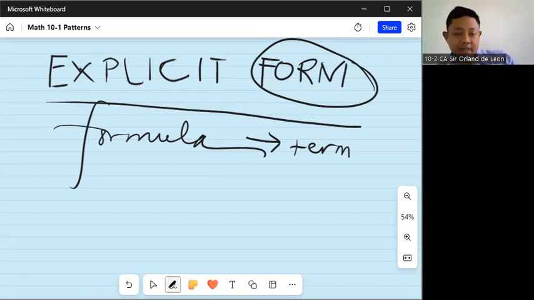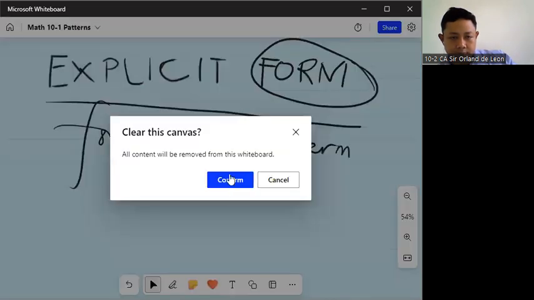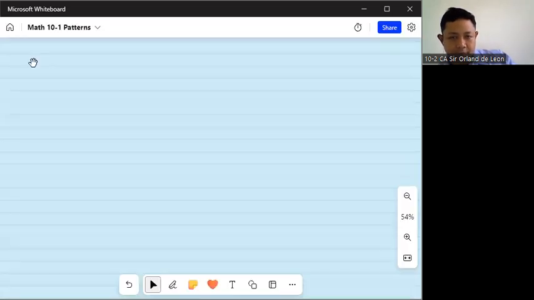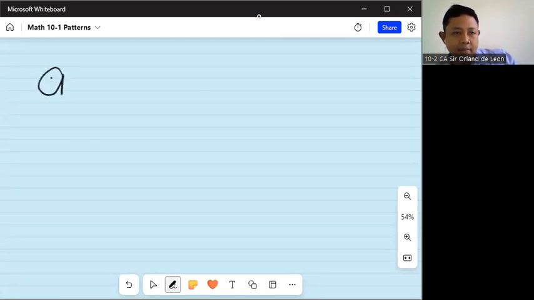Okay, let's have this as an example. For example, we have A sub n. A sub n is the symbol for the unknown in the explicit form.